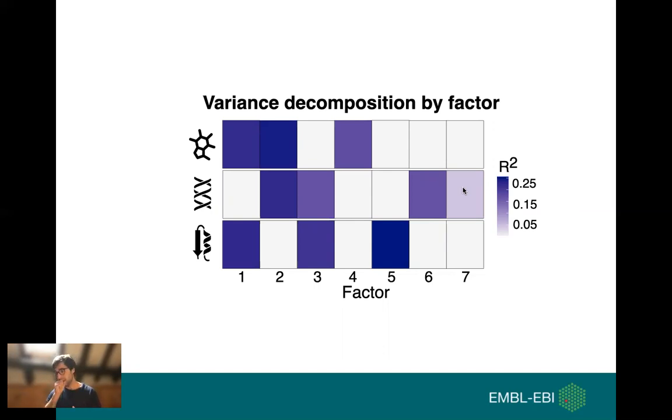And the next challenge now is to go and look at each one of those factors to try and interpret and find out the molecular etiology for them. Typically the most interesting factors are, of course, those that capture covariation across different data modalities. But now the question is, how do you interpret those factors? And this is where you are likely going to spend most of the time when you work with MOFA.